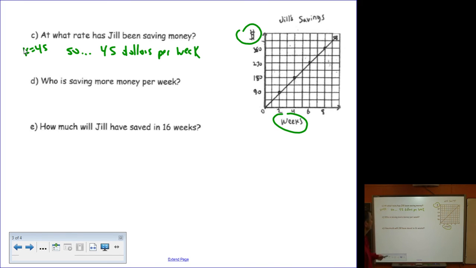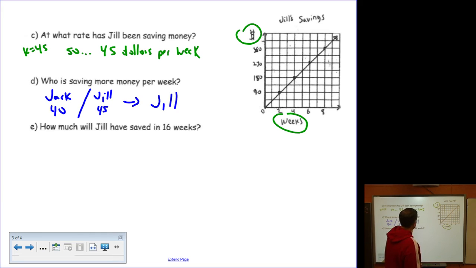The next question is asked, who is saving more money per week? Well, obviously, Jack was saving $40 per week, and Jill was saving $45. So obviously, Jill is saving more money per week. That was kind of silly.